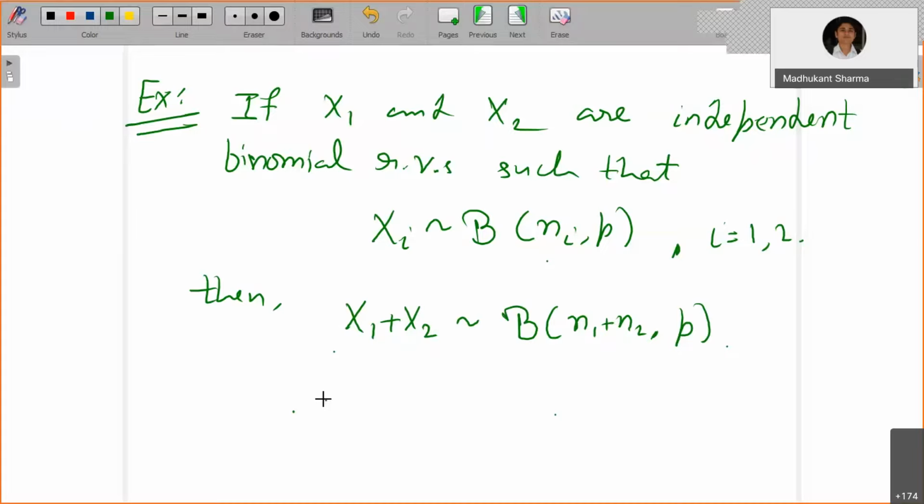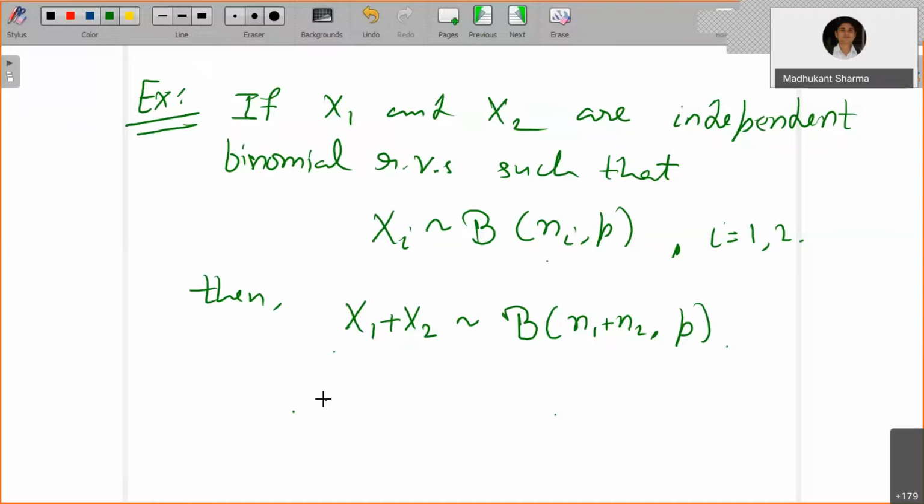Now if we keep on running the Bernoulli trials n times independently, and we want to know the probability of getting i successes out of n trials, that random variable is called a binomial random variable, with parameters n and p.